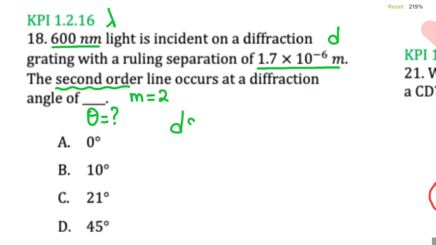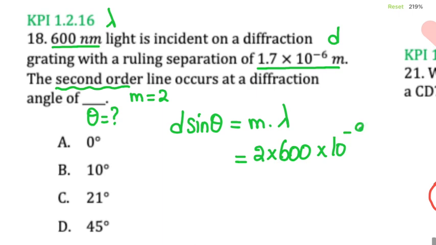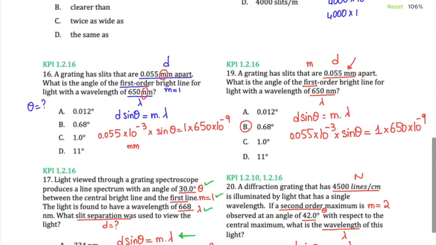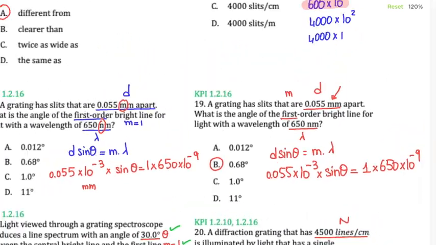So d sine of theta equals m lambda. This time m is not 1, so 2 times 610 to the power of negative 9. I don't have my theta. d equals 1.7 times 10 to the power of negative 6. I will have an angle of 45.